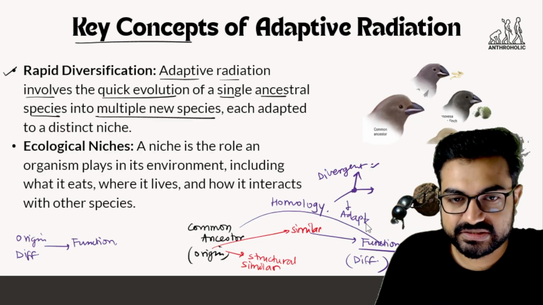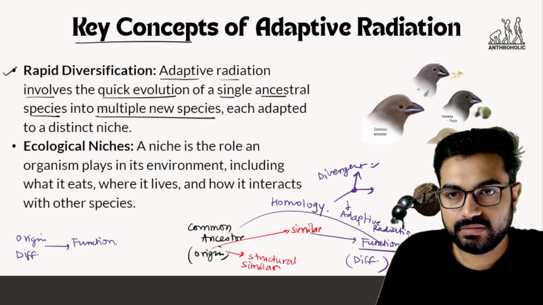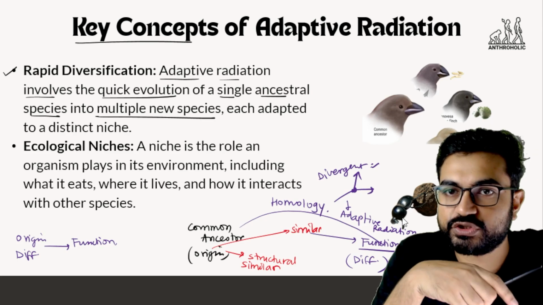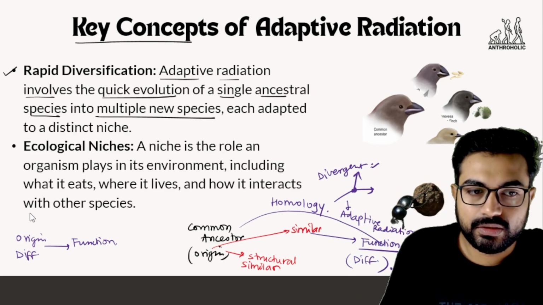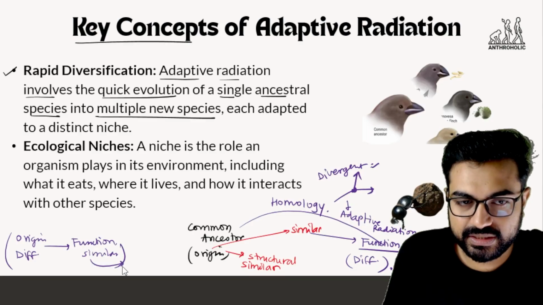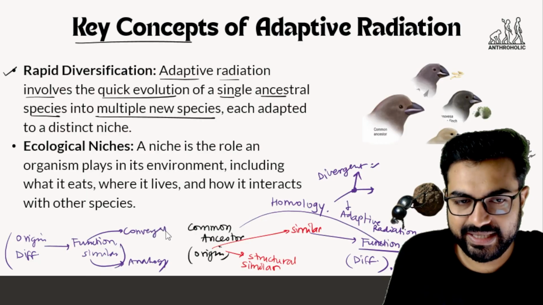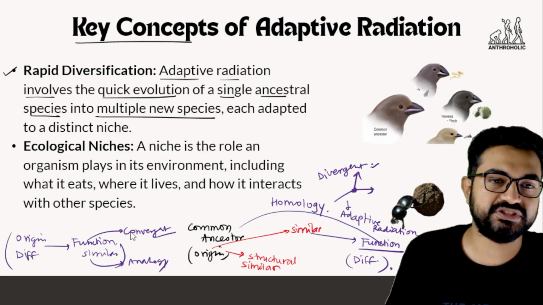So this is adaptive radiation, and also divergent evolution at large. Origin is different, function is similar. As I told you, here you will be talking about analogy, and here you will be talking about convergence. So both are exactly opposite.